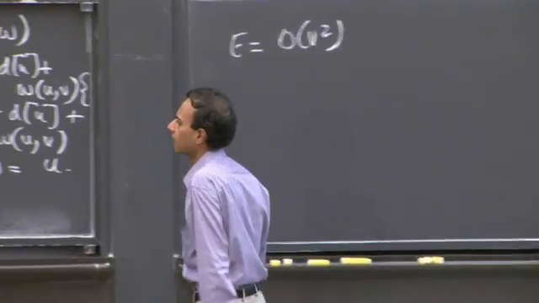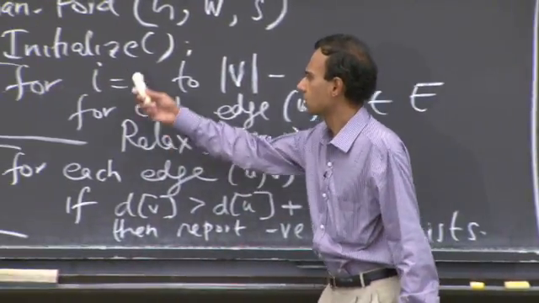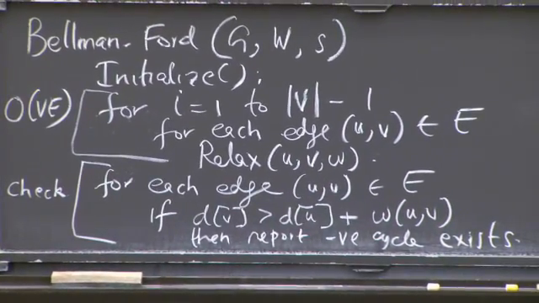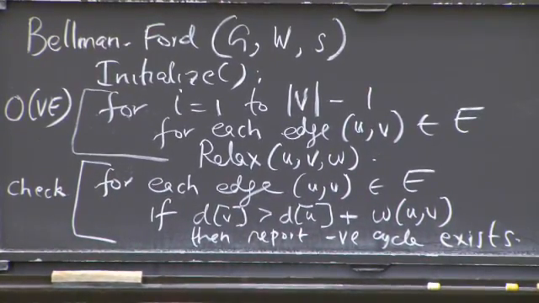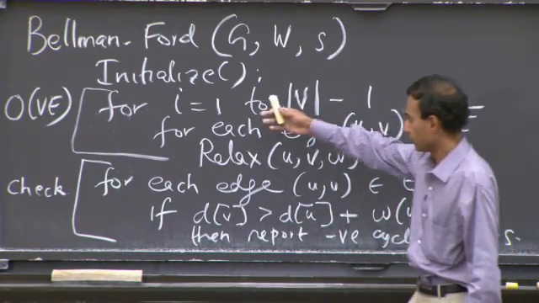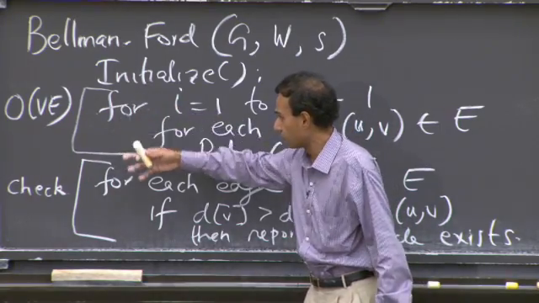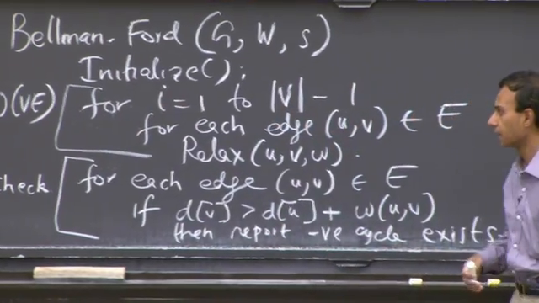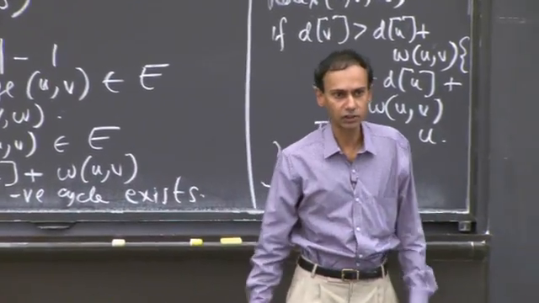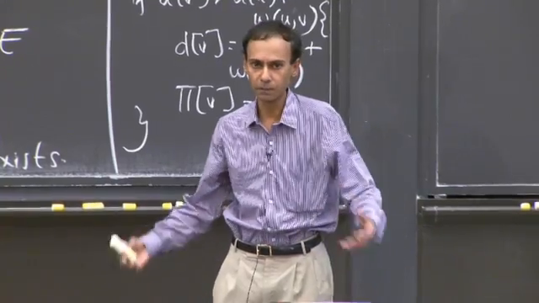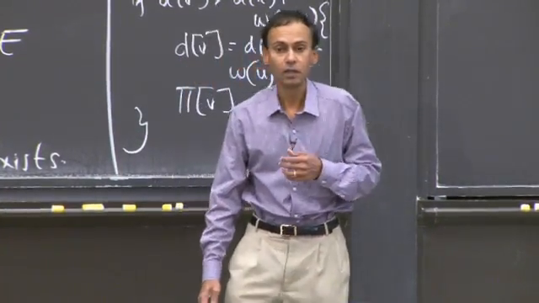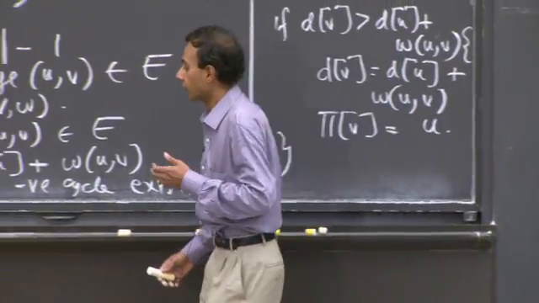So there's no question that Bellman-Ford is, from a practical standpoint, substantially slower than Dijkstra. You can get Dijkstra down to near linear complexity, but this would potentially, at least in terms of vertices, be a cubic complexity. So when you have a chance, you want to use Dijkstra, and if you're forced to use Bellman-Ford because you could potentially have negative weight cycles, well, you're stuck with that. All right? Okay, so why does this work?